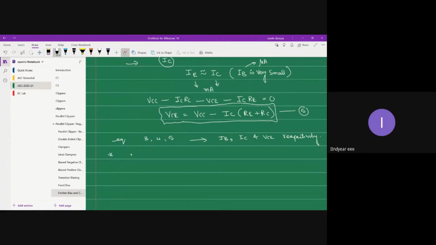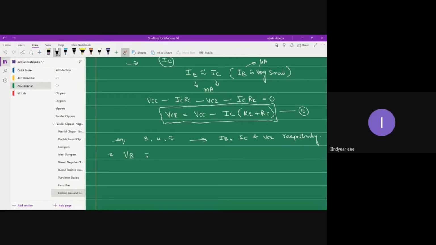Now let us find out a few more terminal voltages. For example, let's find the expression for VB, because in numericals they'll ask you to calculate the values of VB, VC, VE, etc. So first let us find VB.